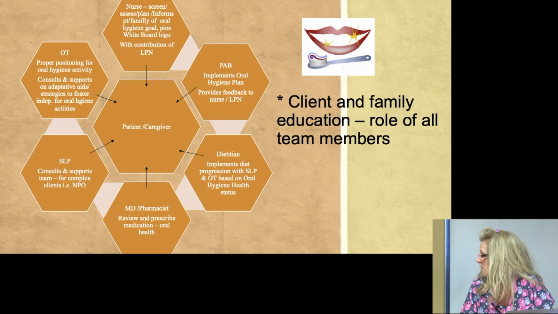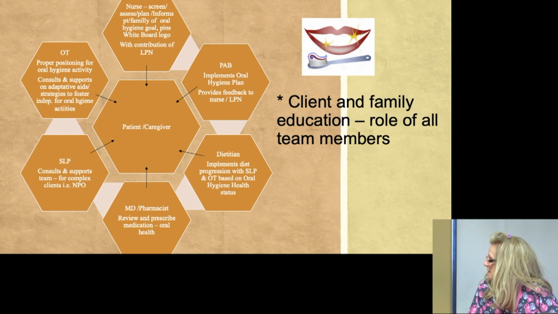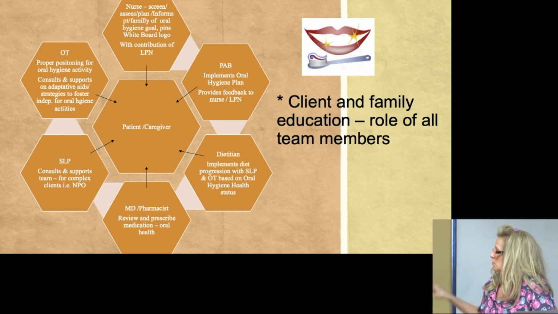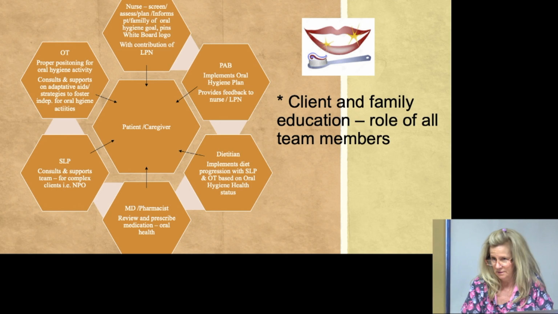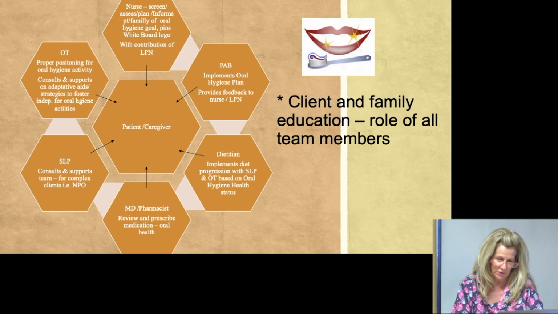Here we have all the members taking care of the patient's oral hygiene. It could be the dietitian, the OT, the pharmacist, and everyone plays a role in making sure we give good oral hygiene care to our patients.